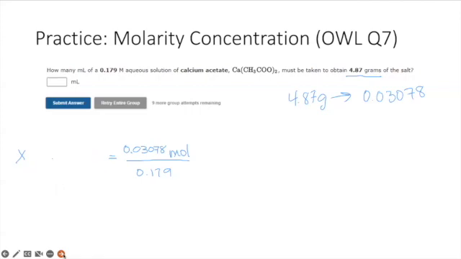And so once we plug this into our calculator, it's going to give us 0.172 liters. And again, we just have to take one extra step in changing this to milliliters, which we did previously, just because that's what the question asked for.